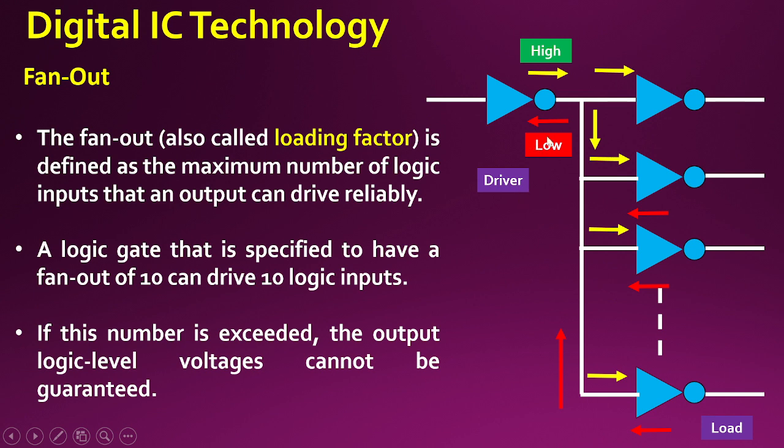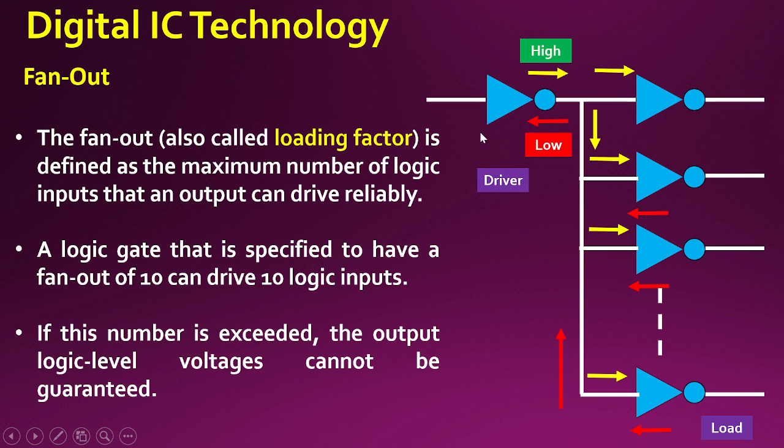Now suppose when this is low, current from each and every NOT gate, shown here as the NOT gate, will get into the system. Suppose each and every NOT gate is giving back 1 milliampere of current. So there are 4, then the current that will enter into the system is 4 milliampere.